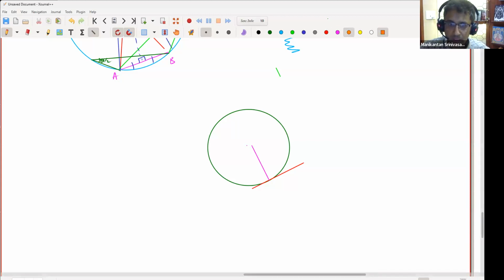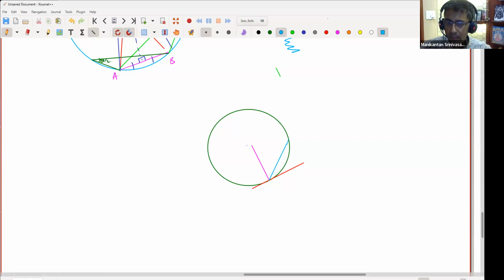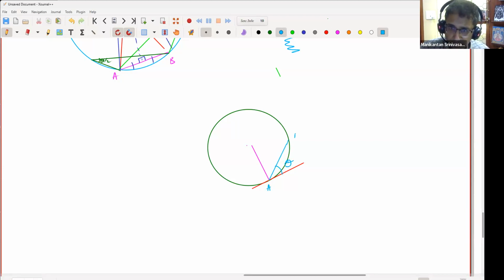But the important property you should know is if I have a chord here, right? Now this angle, suppose this is theta, and this is the chord AB.